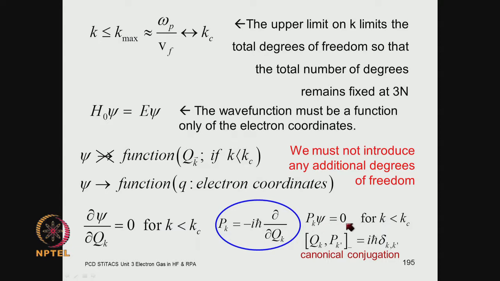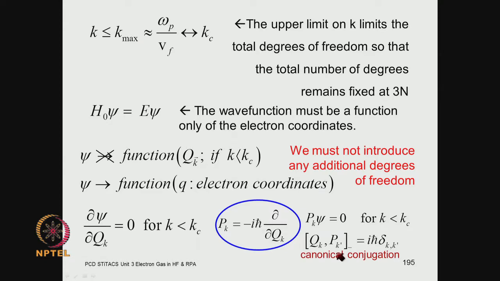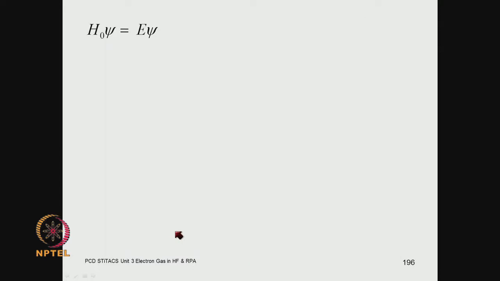Now, we are going to use this result, that when the momentum operator operates on the wave function, you get 0. Q and P are canonically conjugate, okay? So, they satisfy the uncertainty principle, and this is the subsidiary condition that we are getting, that the momentum operator operating on the wave function would go to 0 for k less than kc. All right.